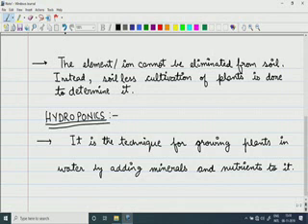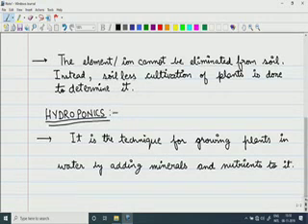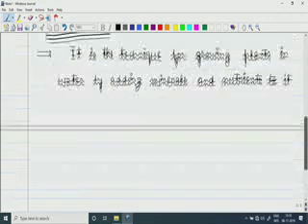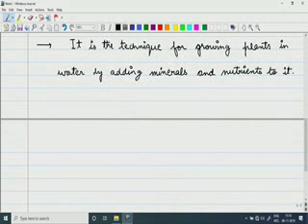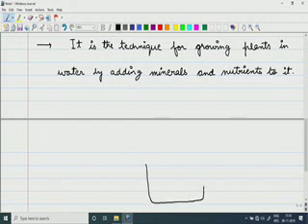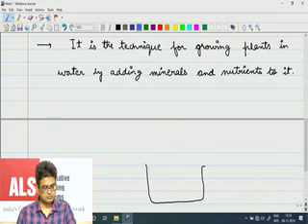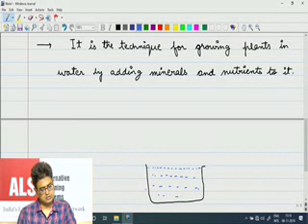Okay. So let's draw a diagram of how this is being carried out. We take a water trough, water reservoir like this. And we put a plant into it.